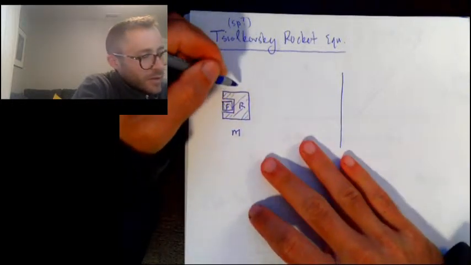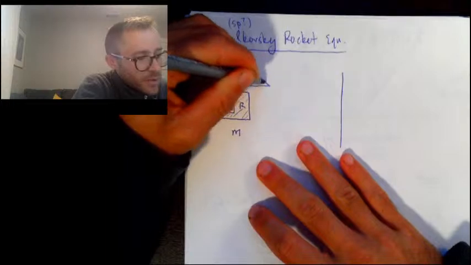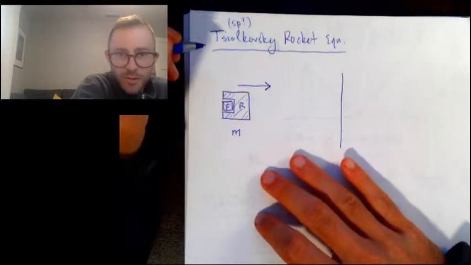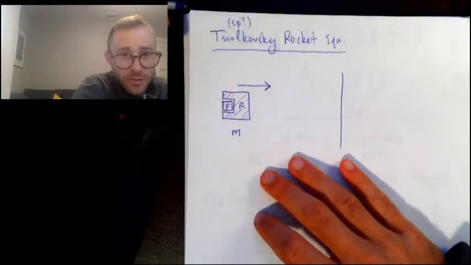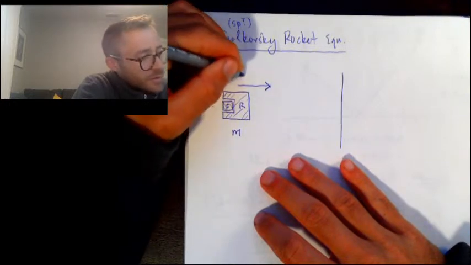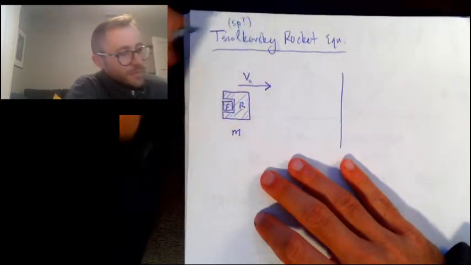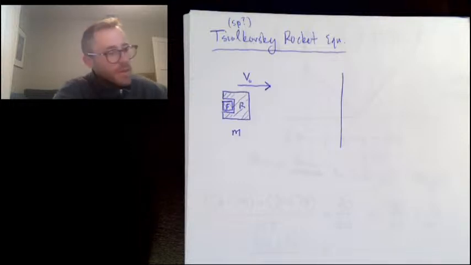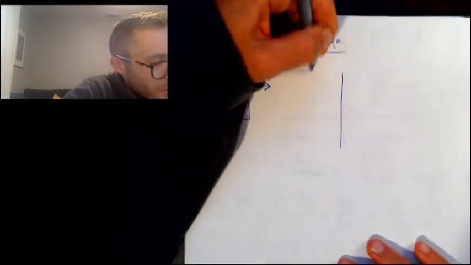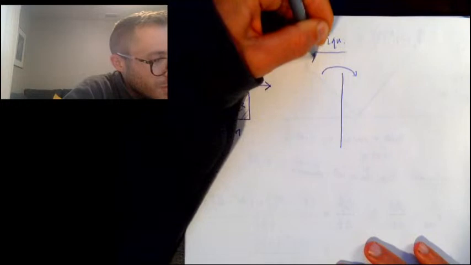And then the initial velocity, this is going to be one-dimensional, by the way, is v initial. Then we're going to consider what happens a short time later.